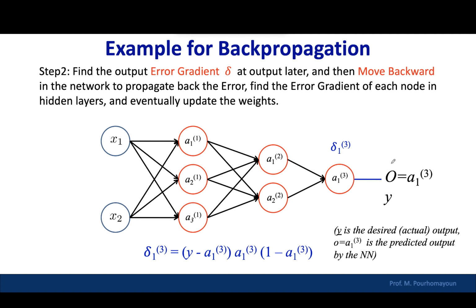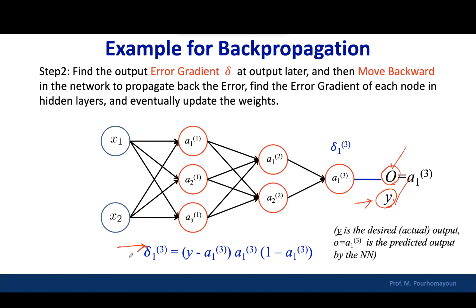So this is your output, this is your desired output. This is what you just created, this is what I want to create, this is my prediction. So I find the gradient error using this formula, which is in fact the derivative of the cost function.